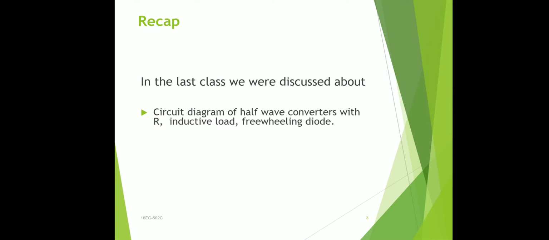What is the difference between half wave control and full wave control converters or rectifiers? We already discussed half wave control rectifiers. In half wave, for the complete cycle, only half of the signal is converted into DC, and only that signal can be controlled.